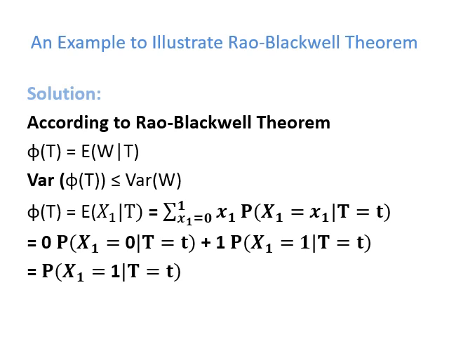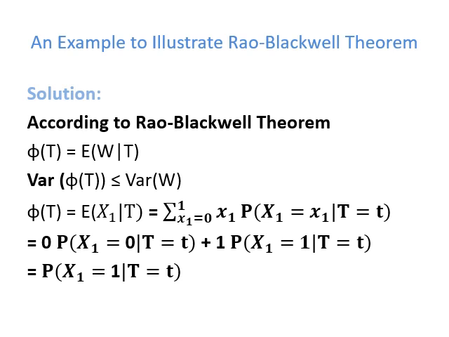So now we have that phi of t, which is the conditional expectation of W given t, and here because W is equal to X1, it will be the conditional expectation of X1 given t. This is because here we have a discrete random variable, so this will be equal to the summation of x1 times the conditional probability that X1 equals small x1 given T equals small t.